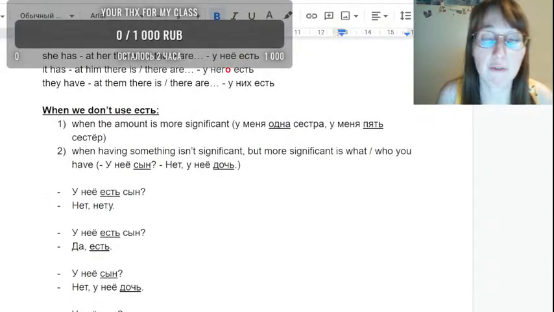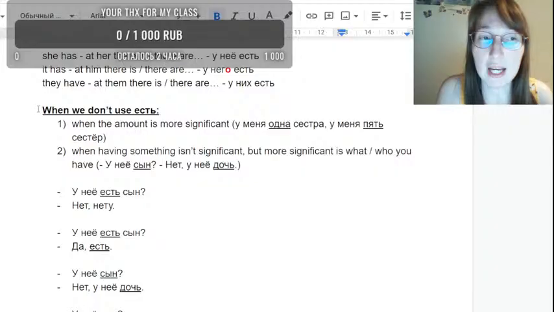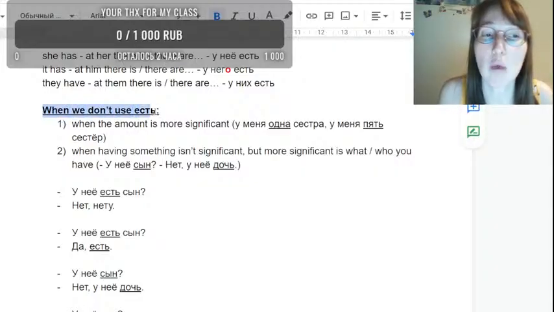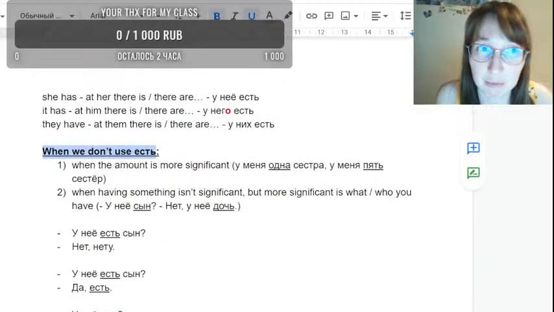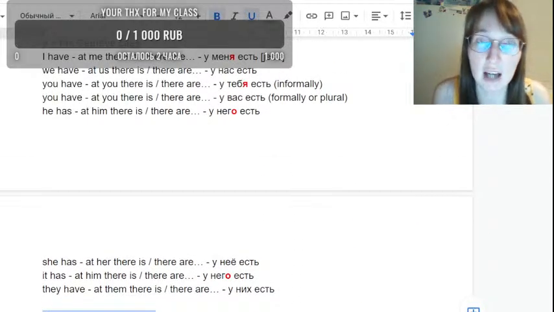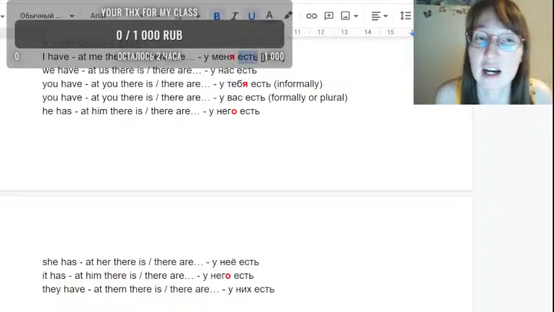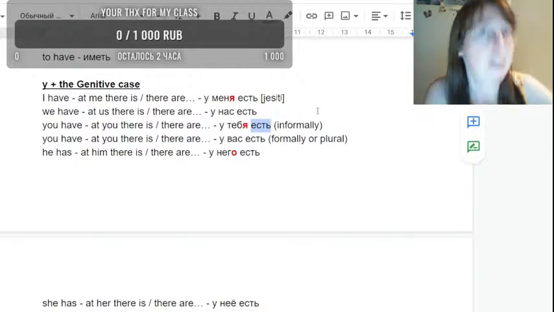And also for the additional topic that we started before, we talked about when we don't use the word есть. We talked that when I have someone or something, we use the word есть: у меня есть, у нас есть, у тебя есть, etc. It's our previous topic.